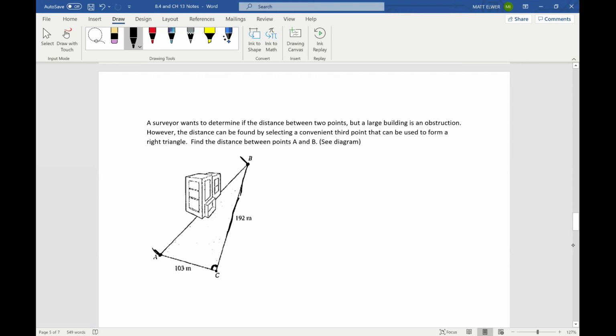The question asks to find the distance between A and B, and we can do that by solving for the hypotenuse, right? So we know that AB squared is equal to the sum of the squares of the two legs, so 103 squared plus 192 squared. 103 squared is 10,609, plus 192 squared, which is 36,864.